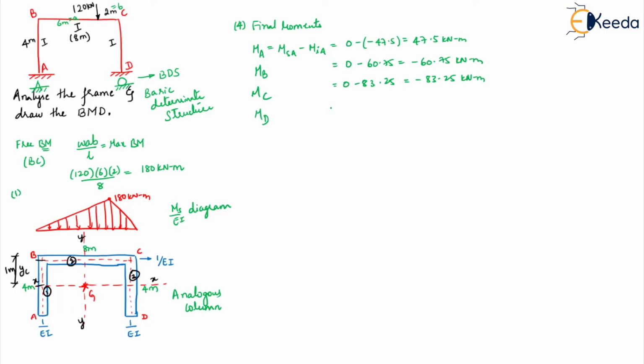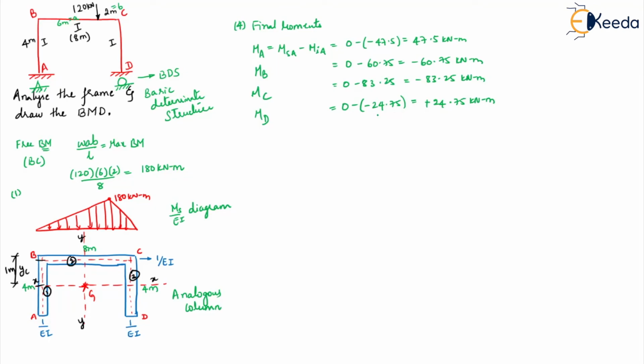Finally your MD, that's 0 minus of minus 24.75, which will be plus 24.75 kilonewton meter. Okay, now what we have to do? These are your final moments.